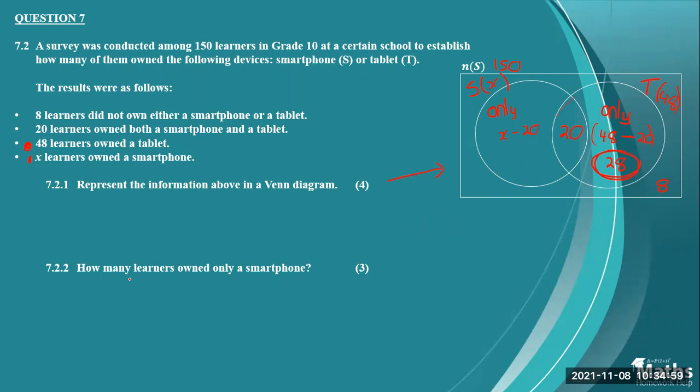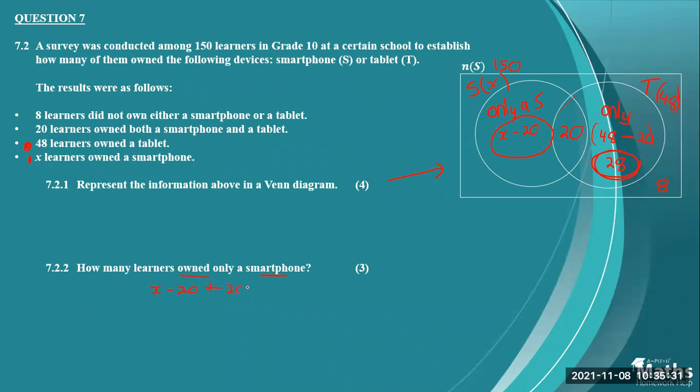Now for the next question, they say how many learners owned only a smartphone? Only a smartphone, you can't write the answer as x minus 20 because you have no idea what x is. So we must first figure out x. In order to figure out x, we write down x minus 20, then we add the 20.